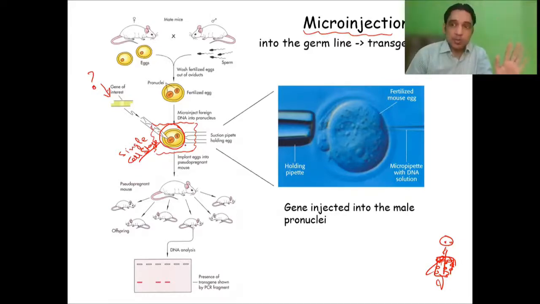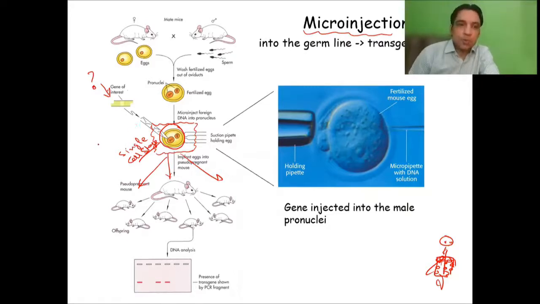cell of the organism. You might be able to succeed, you might not, but if you succeed in sending the gene of interest right within the genome of that organism, that is going to be part of every single cell of that organism in future generations. So the success of the process depends on our ability to send the gene of interest to that single cell.